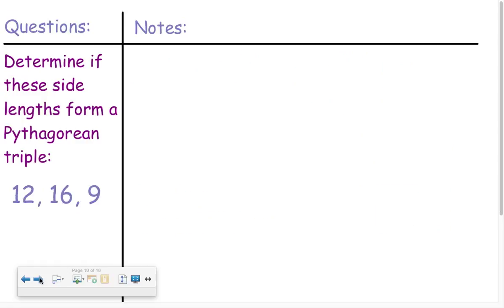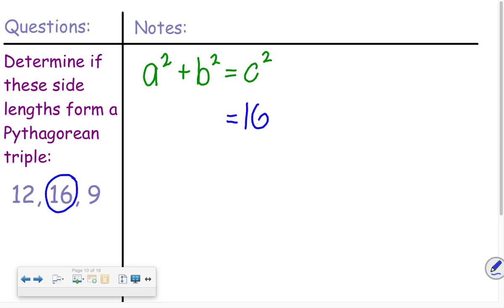All right, 12, 16, and 9. So my biggest side length out of these three is the 16, so that has to go in for C. So my side lengths are 9 and 12. And again, it doesn't matter what order the 9 and 12 go in, that won't affect your answer.